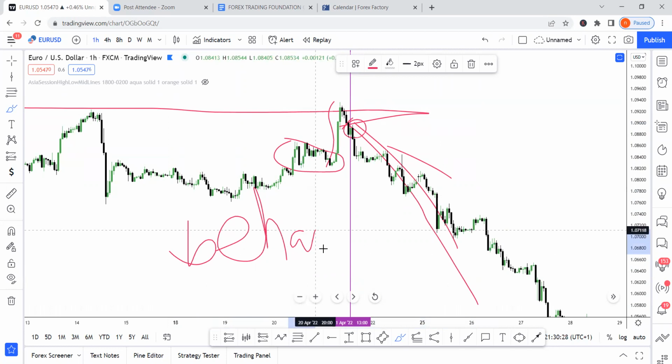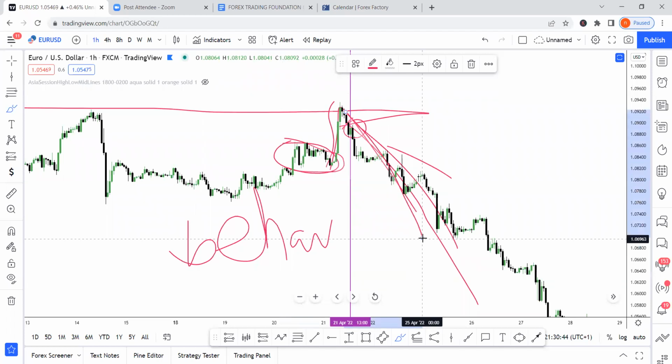What is the behavior of price in Asia? What is the behavior of price in London? What is the behavior of price in New York? And that is what you are going to use to determine your setup.